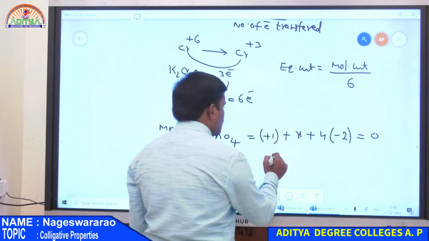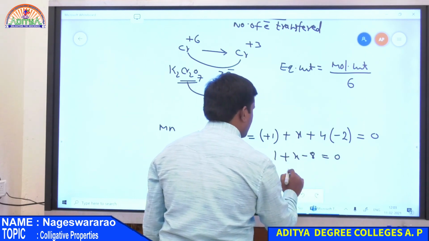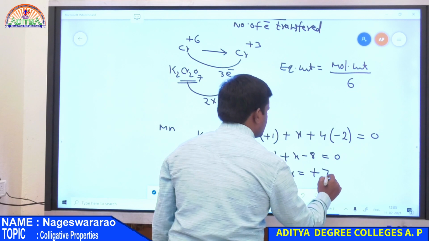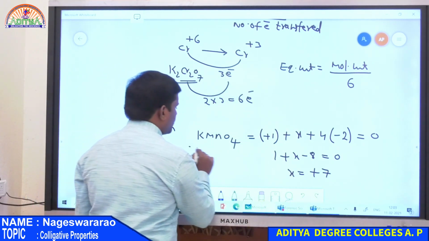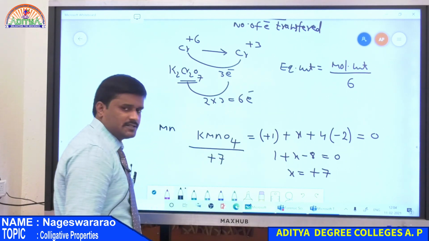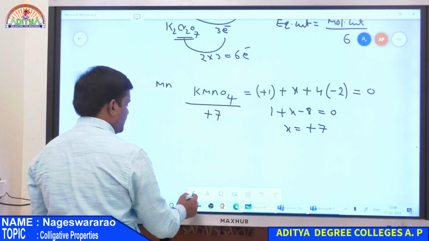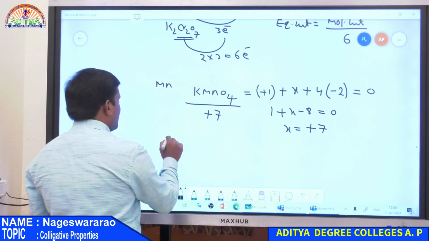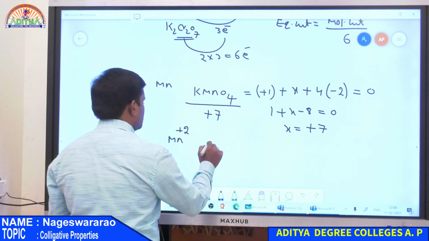Therefore 1 plus x minus 8 is equal to 0, and hence x is equal to +7. So in KMnO4, manganese has a +7 oxidation state, but in general manganese is present at the +2 oxidation state as the stable one.